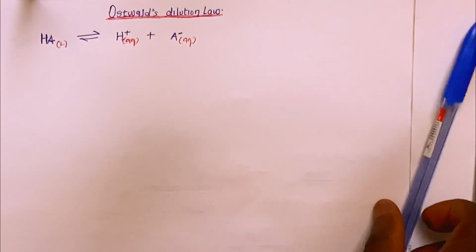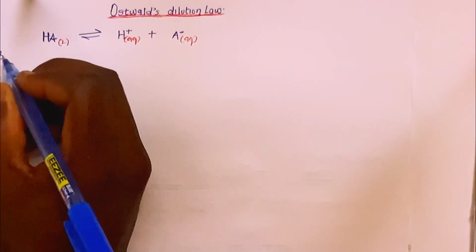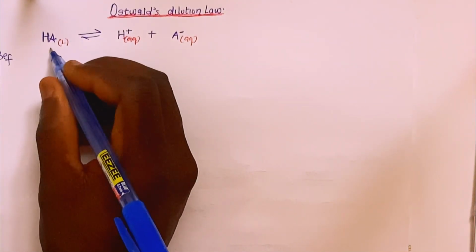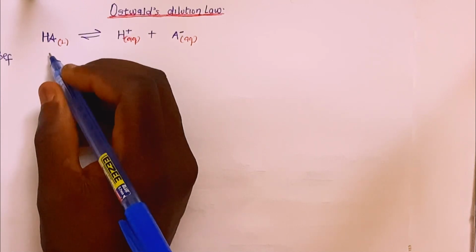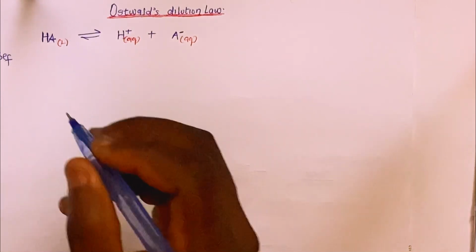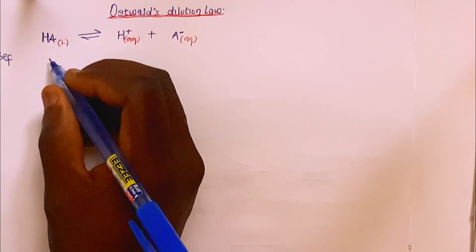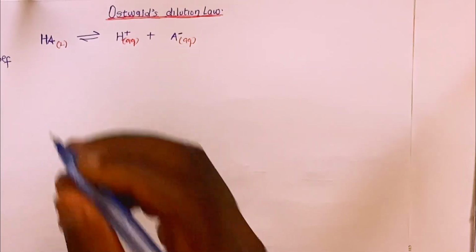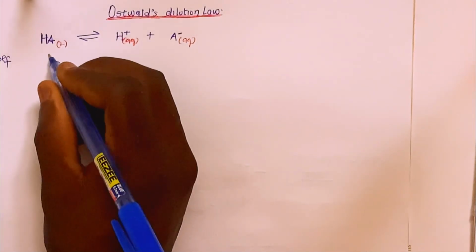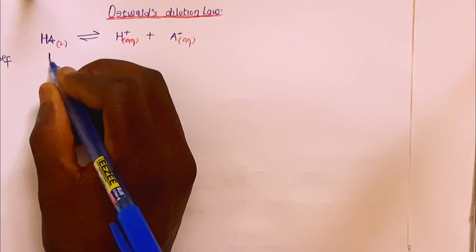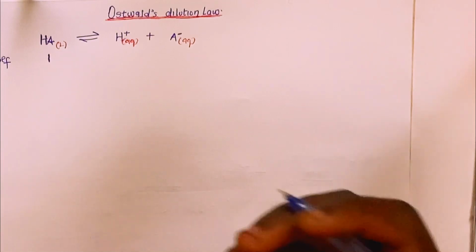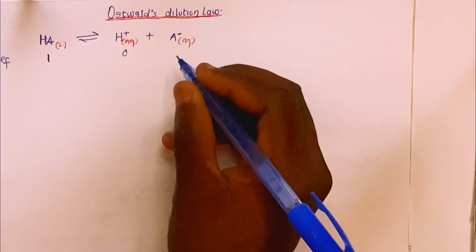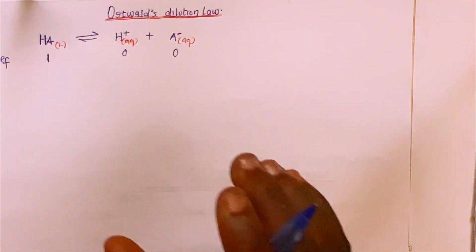Now looking at this, before the reaction, a known amount of my weak acid HA will be present before the dissociation reaction. I'm going to have 1 mole of HA involved in the reaction, and 0 amounts of the ions, which is also known.